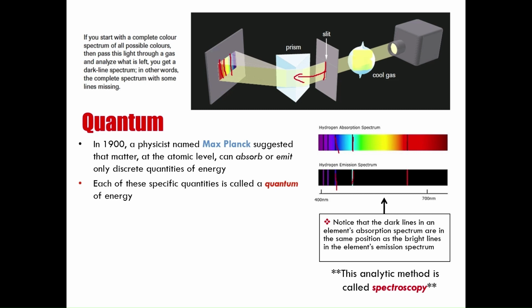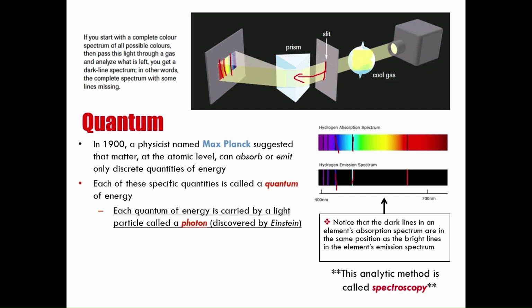Each one of those lines represents a photon that has a specific amount of energy, a specific quantum of energy, and that quantum of energy is absorbed by the electron, which causes it to jump, leaving that black line. Each quantum of energy is carried by a light particle called a photon, discovered by Einstein. Albert Einstein was the man who discovered photons, and he was the one who named them.